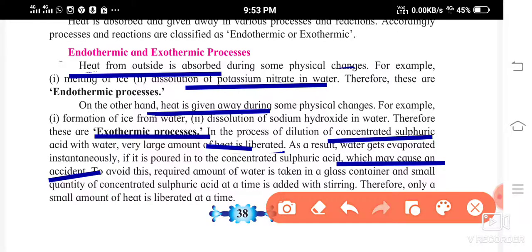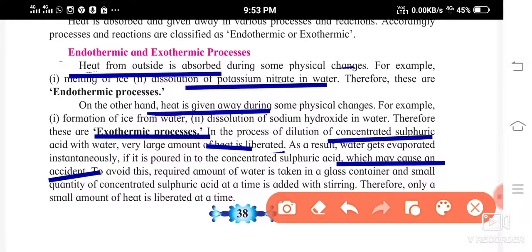So to avoid this, the required amount of water is taken in a glass container and a small quantity of concentrated sulfuric acid is added at a time with stirring. Therefore, only a small amount of heat is liberated at a time. If you add water to sulfuric acid, a large amount of heat is liberated and this may cause accidents.